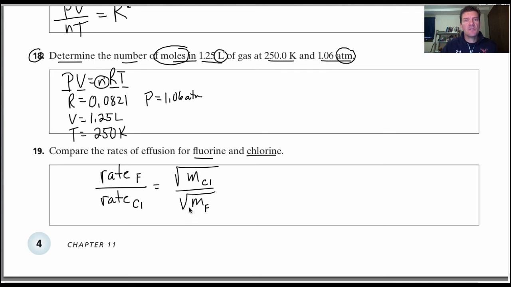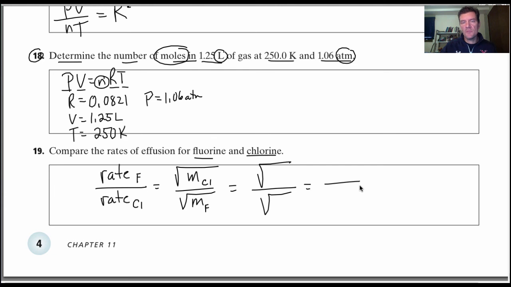So you look on the periodic table. I'm going to let you do this. You have to have your periodic table. Find the molar mass of chlorine. Take the square root of that number over the square root of the mass of the fluorine from the periodic table. Take the square root of those two masses, divide them, and you're going to get a ratio.